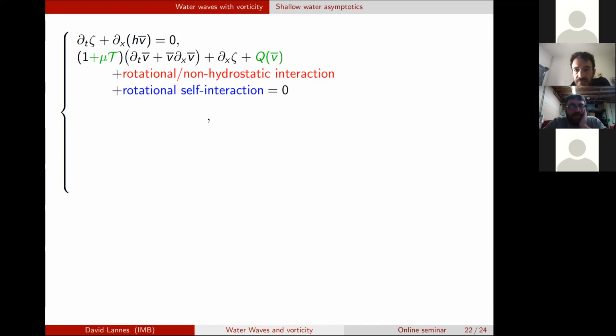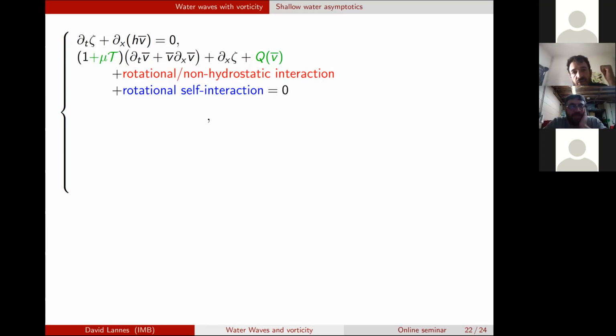The new thing comes from the Reynolds tensor. So the Reynolds tensor, I remind you, is related to the integral of the square of v minus v bar, where v bar is the average of v. And I told you that there are two reasons that can make v be different from its average v bar.